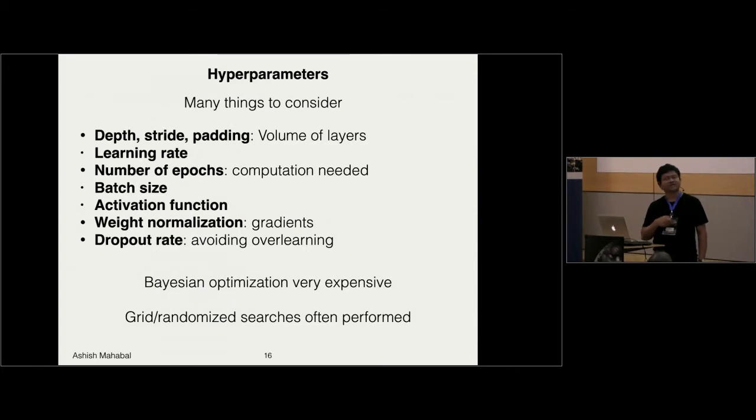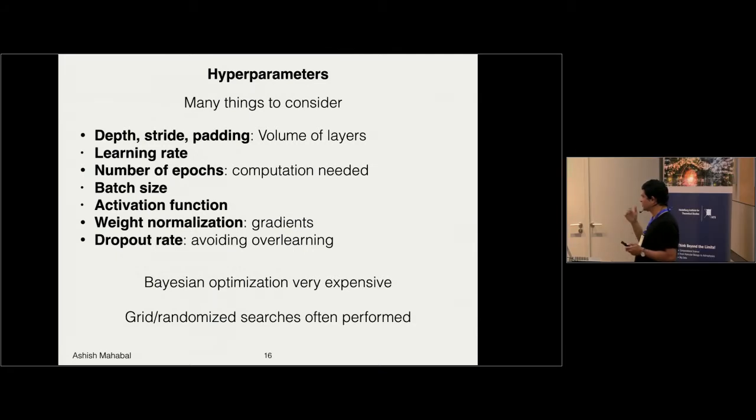Weight normalization can change. Again, we are using gradient descent, so we want the gradients to be small, but not so small that they vanish, because zero gradients can be a big problem in some of the networks. And then the dropout rate. We don't want overlearning to happen because that is another fear. So when you have a dropout rate of, say, 0.25, that means that your neurons are learning, but then randomly you let a few of those go, because that makes sure that not the same ones are coming through a large number of times and you are overlearning your example.